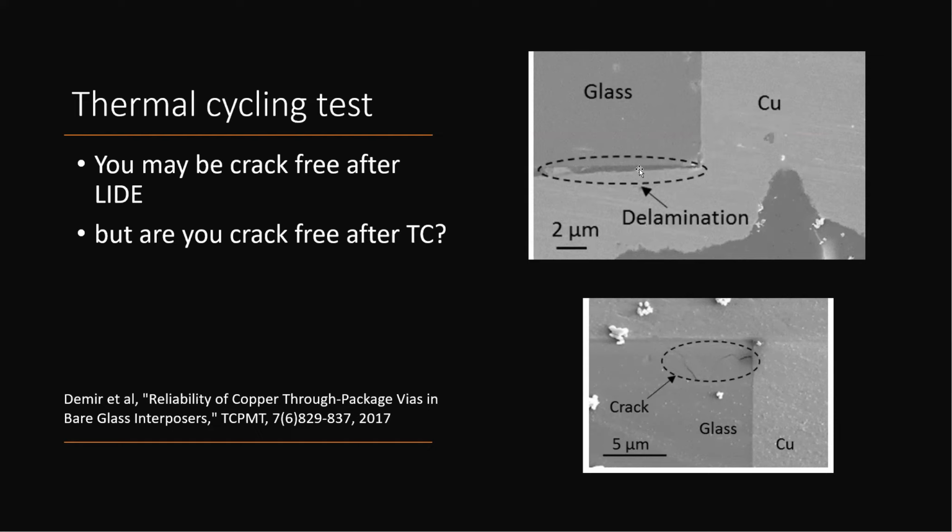The copper delaminated from the glass, and you got cracks. So there you go. Cracks can exist. Yeah, they can exist after you have a perfect formation from the LIDE process.